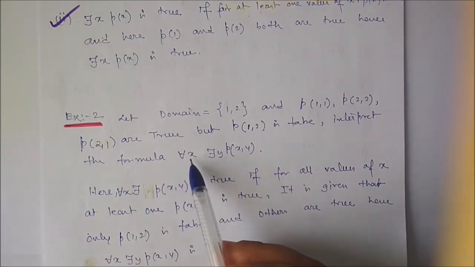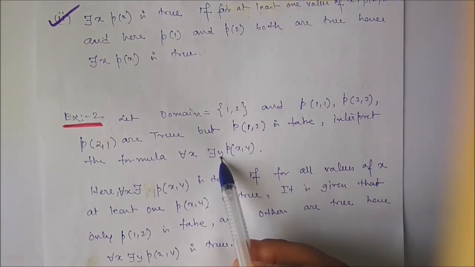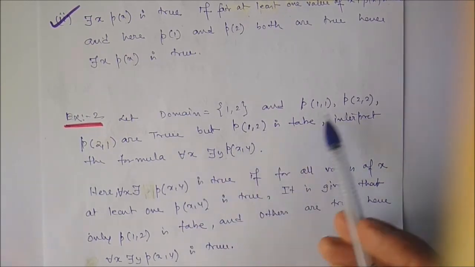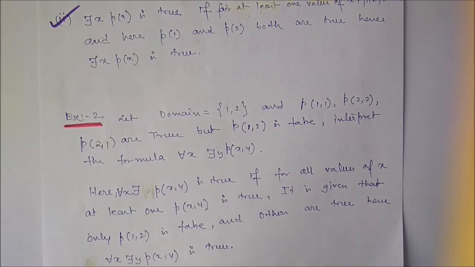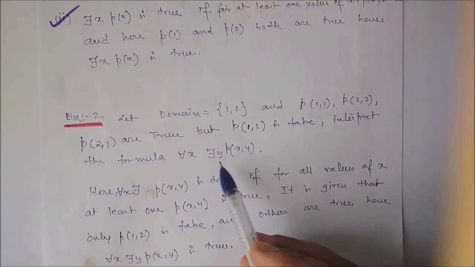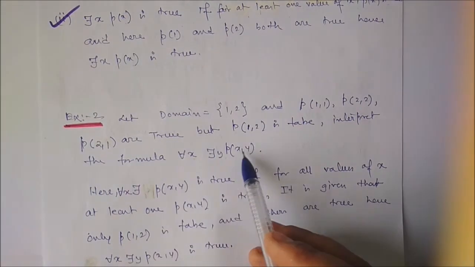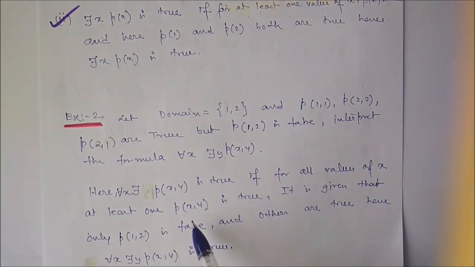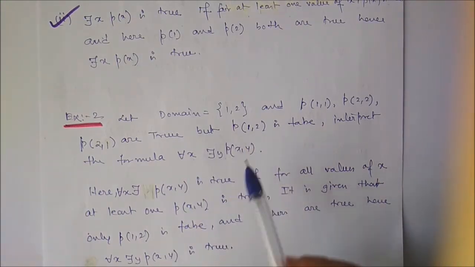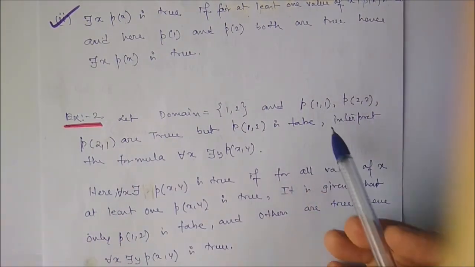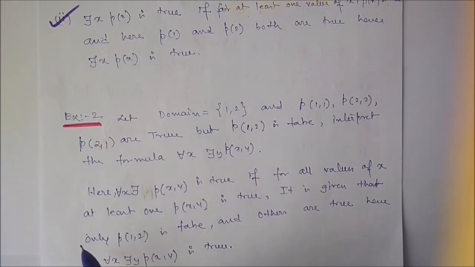So definitely it should be true, because these are the cases which are true, even though P(1,2) is false. So for all x there is some y where P(x,y) is true. If at least one P(x,y) is true, then this will be true. You can see these are the cases where P(x,y) is true, so it's true.